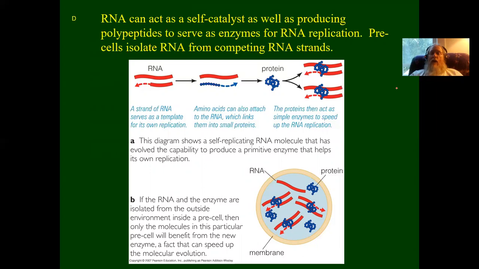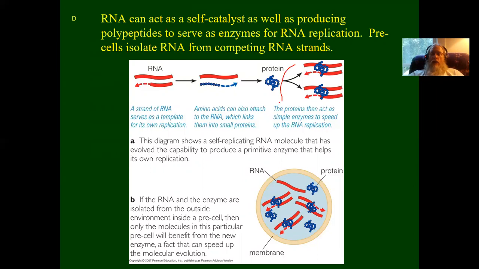Now, if this is just happening out in the general soup of things, then an RNA strand that produces a little protein that will help RNA reproduce, that's not an advantage for that strand of RNA. So it'll help all the RNA reproduce.